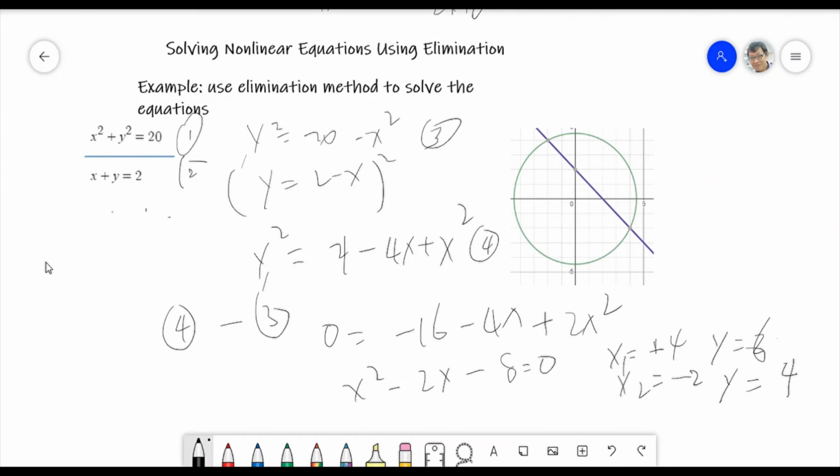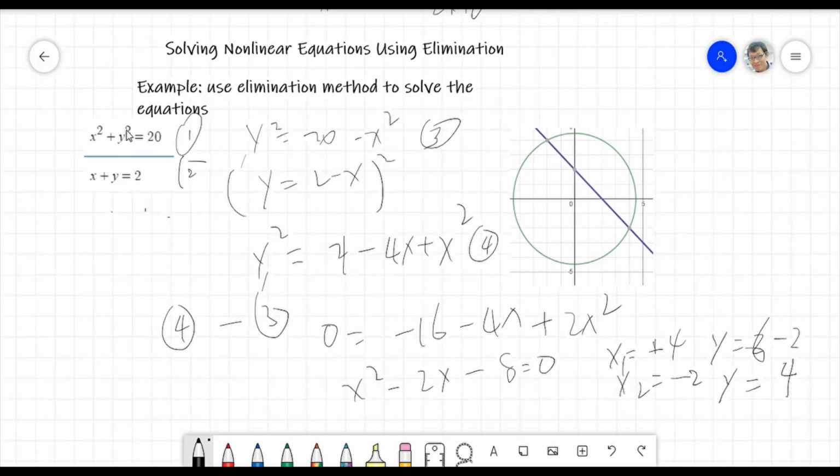And the other, x is negative 2, y is 4. So let's compare here. x equals 4, y equals negative 2, right? So totally right.